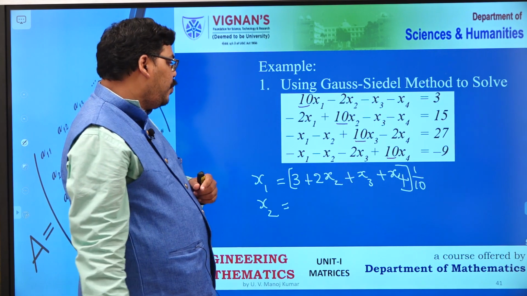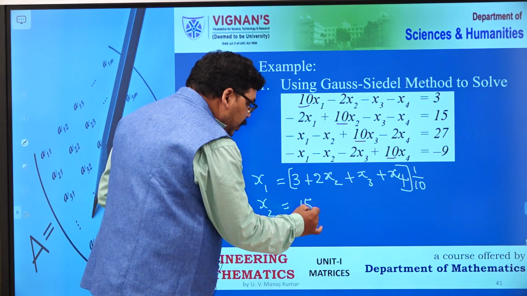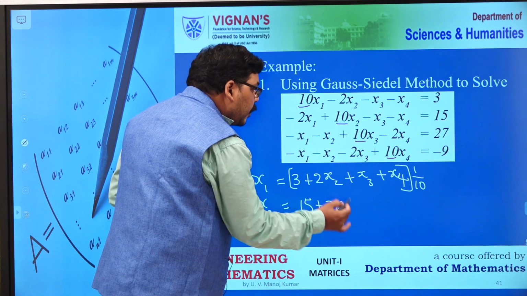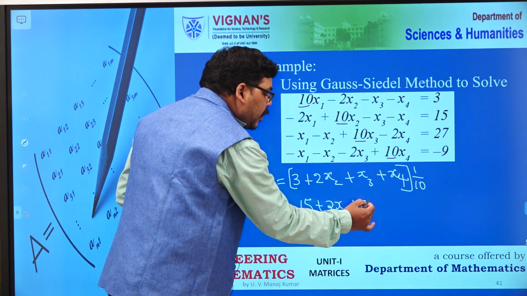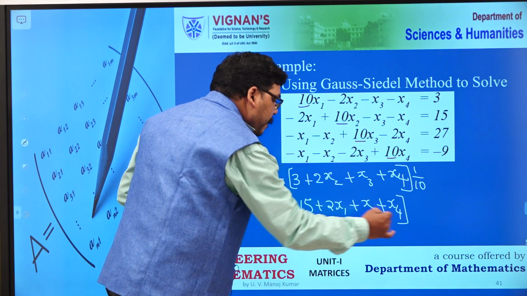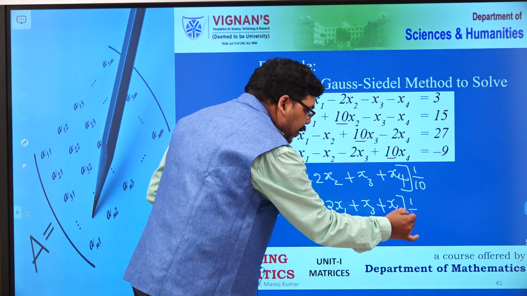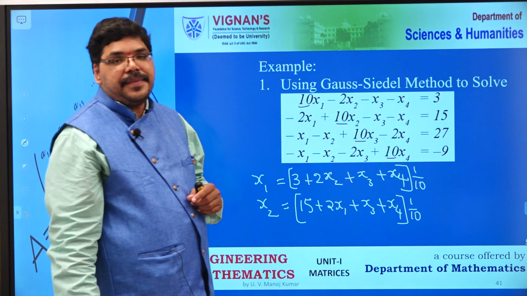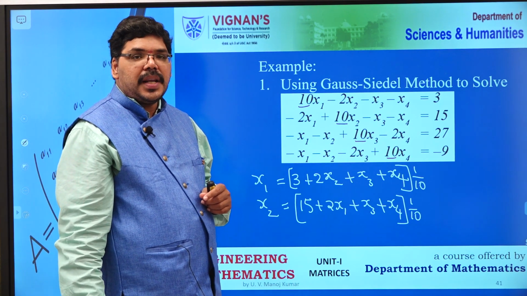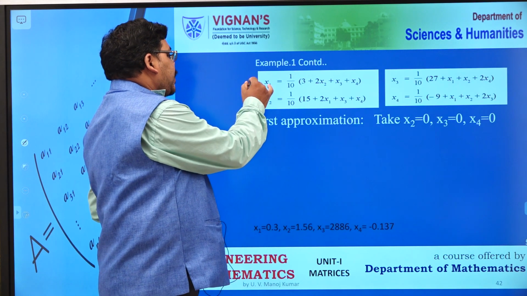Similarly, x2 from the second equation can be written as 15 plus 2x1 plus x3 plus x4, divided by 10. In the same fashion, you write the expression for x3 and also for x4. Then we will get these expressions.